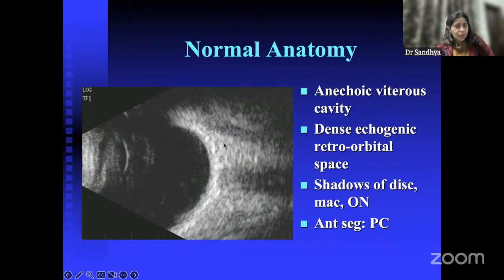And behind the sclera, you are seeing these dense retro-orbital space shadows. And here you see a shadow of the optic nerve. I hope you're seeing my marker on the screen. So here you are seeing the shadows of the optic nerve. This is the optic nerve head shadow. This is the optic nerve head. And some macula, I will show you in some more pictures where you see the macula, but normally you don't see it.